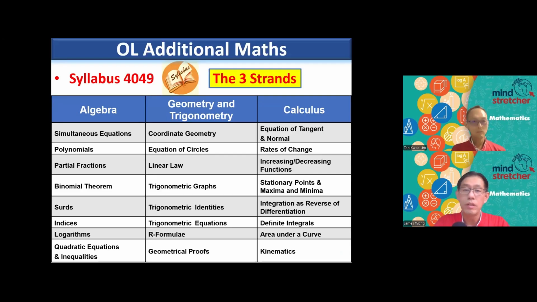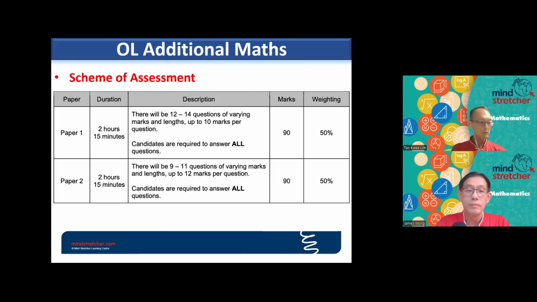Under each category, as you can see from my slide here, these are the various topics that they'll be learning. The broad one will be algebra. Then geometry and trigonometry is the next category of topics. And finally, calculus. So this will be basically all your techniques on differentiation as well as integration. All right. So this is the scope of the additional math.